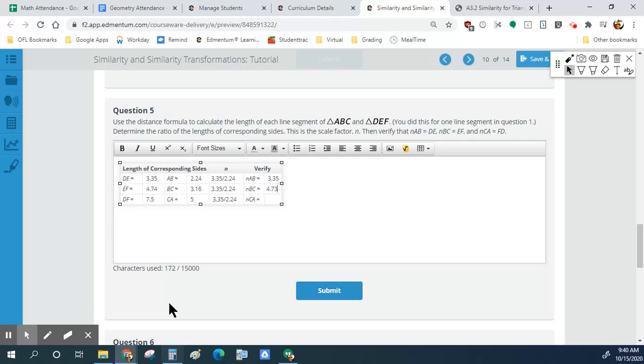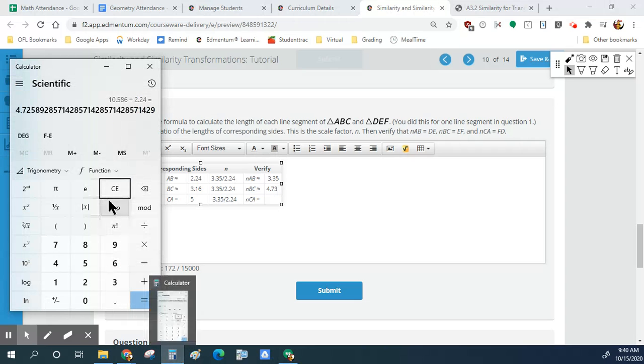And then I'm going to take my 5. Clear this out. 5 times 3.35, divide that by 2.24. And I end up getting about 7.78.